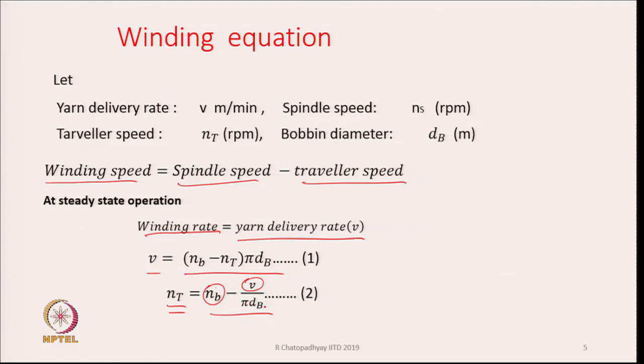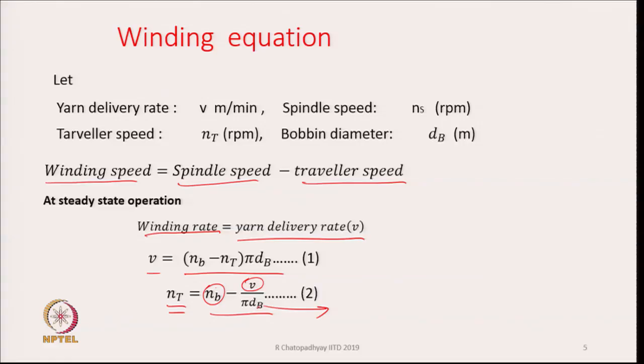So, what keeps on changing is dB. dB will continually change as we grow from smaller diameter to larger diameter of the bobbin, and therefore, we can say from this equation that if dB is very high, then V by pi dB is going to be low, and therefore, the difference between Nb and V by pi dB is going to be high. That is what the relationship is, and for different diameters of the bobbin, we can find out the speed of the traveler.